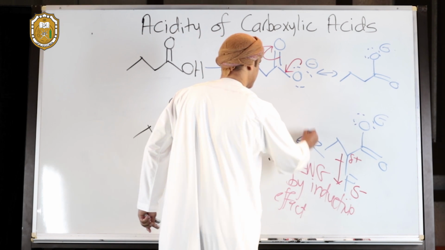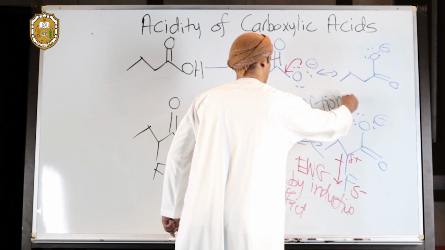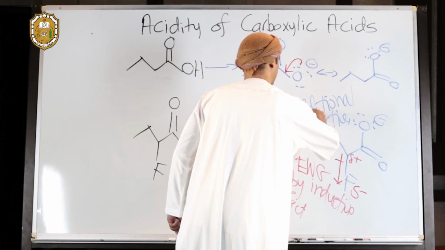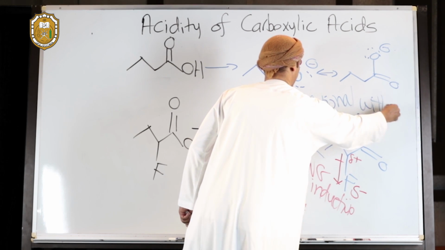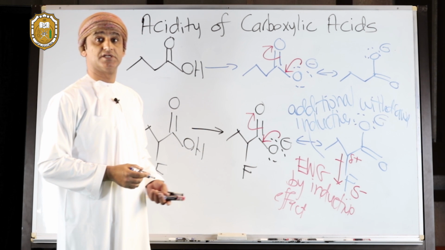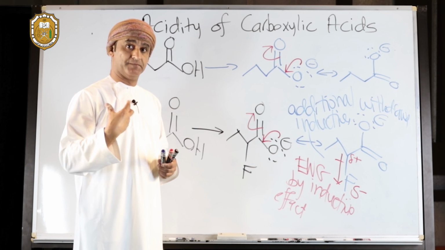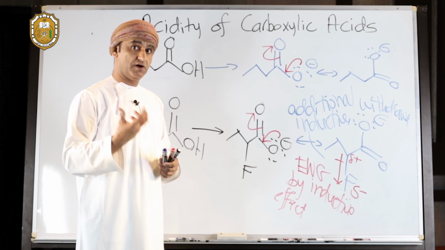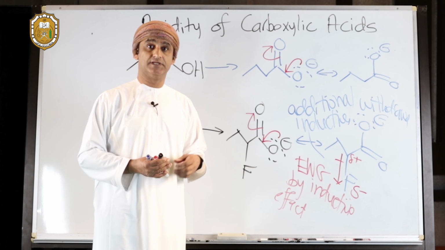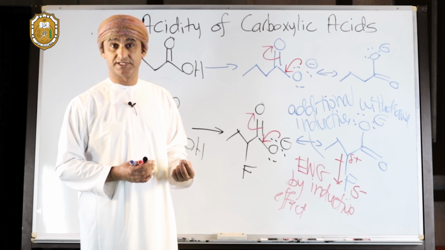So this results in additional withdrawal. Now this additional inductive withdrawal results in further delocalization of electrons, further delocalization of the negative charge, and therefore stabilization of the carboxylate ion.